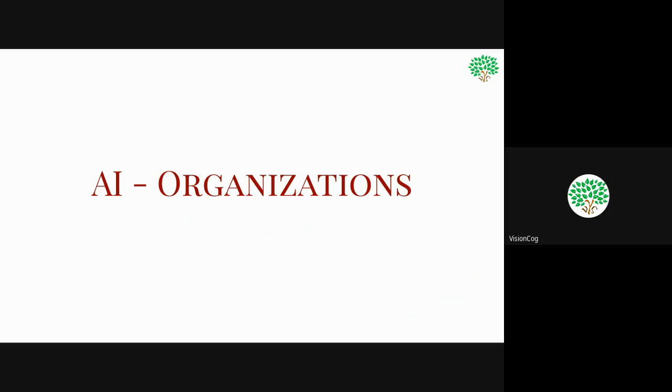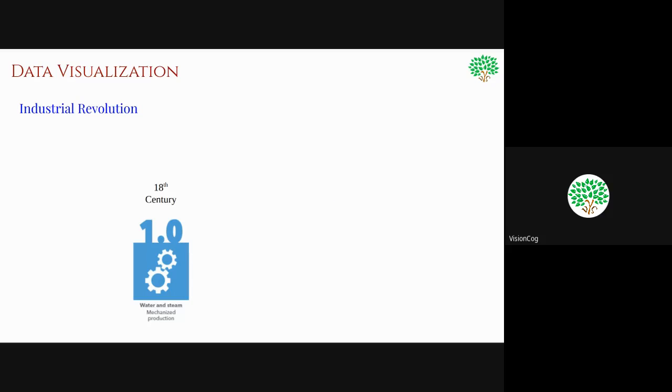Coming to AI, just briefly, let me introduce at what industry revolution we are at. Industry revolution 1.0 started in the 18th century. That was about mechanized production, especially steam-powered engines.